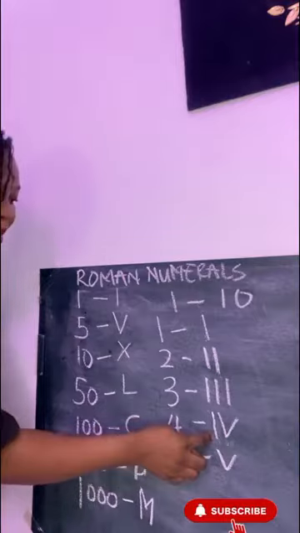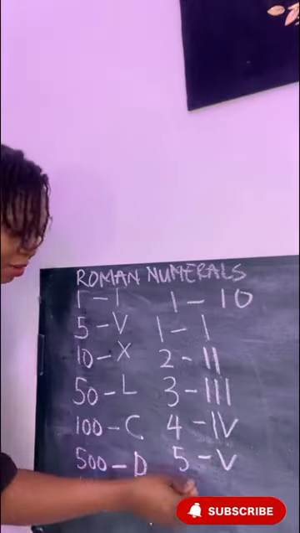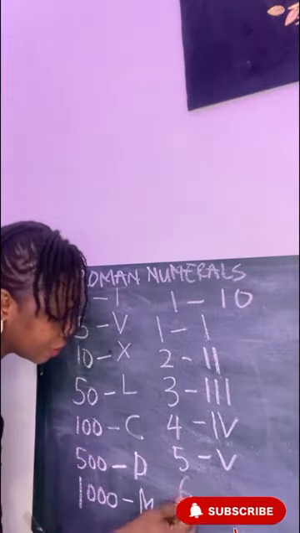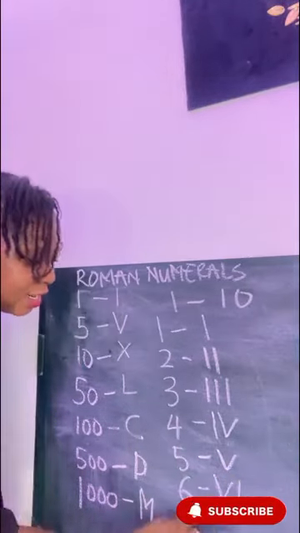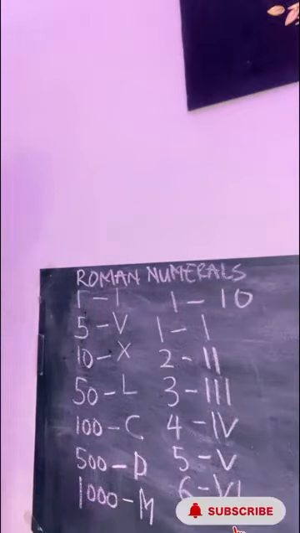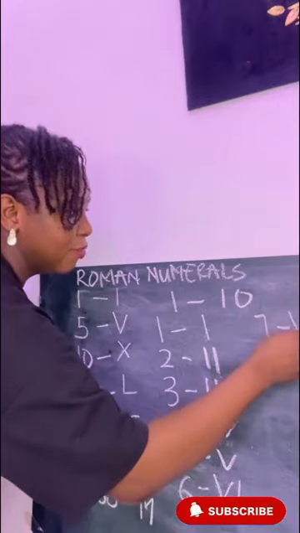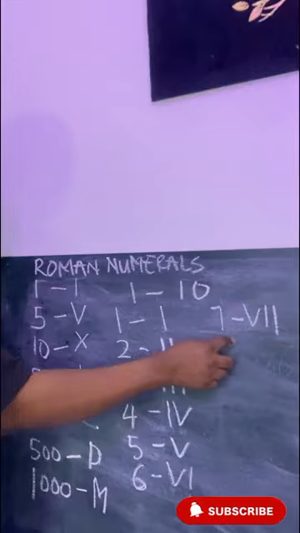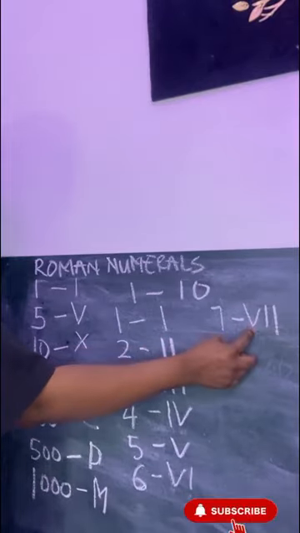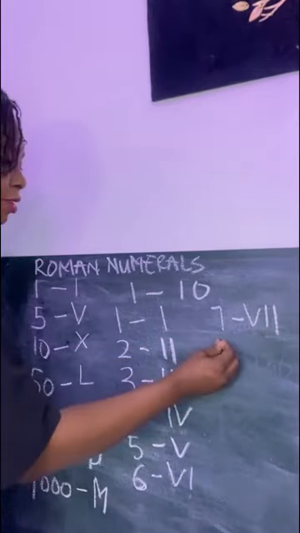So our 4 is what? IV. Our 5 is what? V. Our 6 will now be what? VI. That is 5, 6. 7 will be what? VII. That is 5, 6, 7.